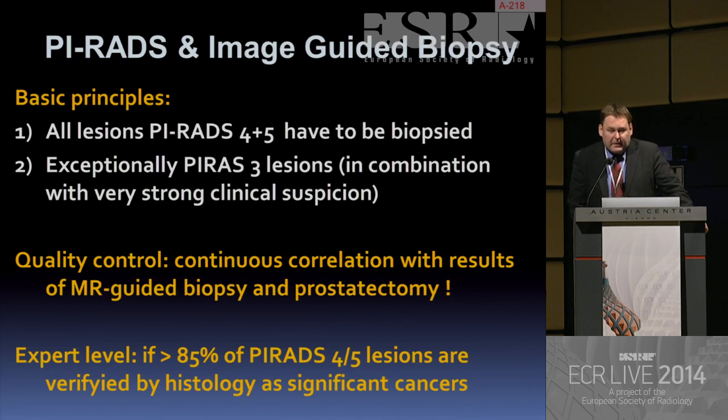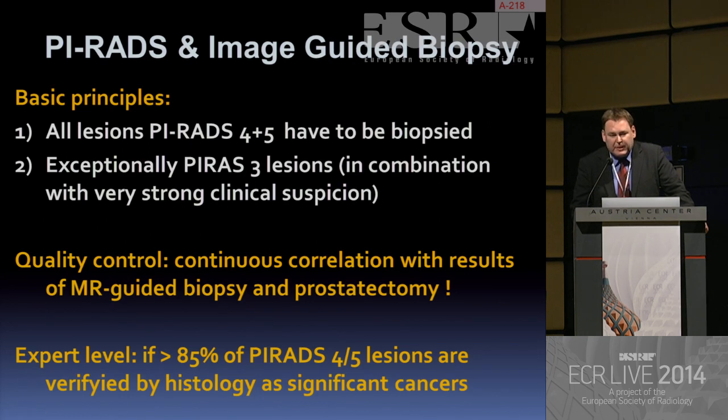And how does it fit with MR-guided biopsy or interventions? There are a couple of basic principles. Of course, we are making diagnostics to treat the patient and make a good diagnosis. So all PI-RADS 4 and 5 lesions have to be biopsied. An exception is also PI-RADS 3, especially in patients with a very difficult prostate.